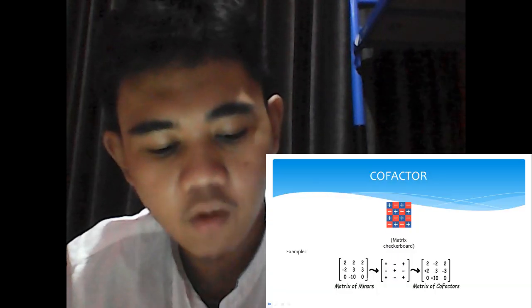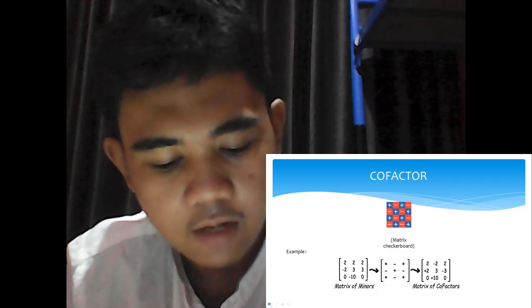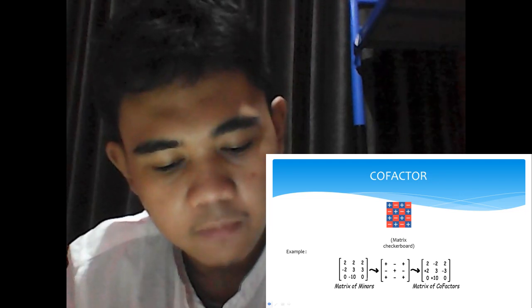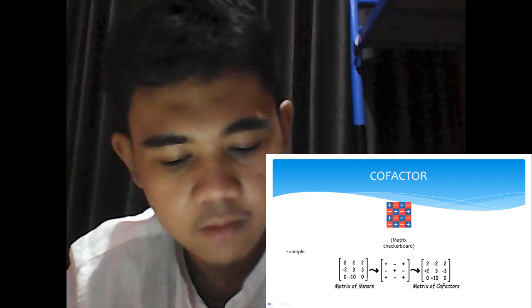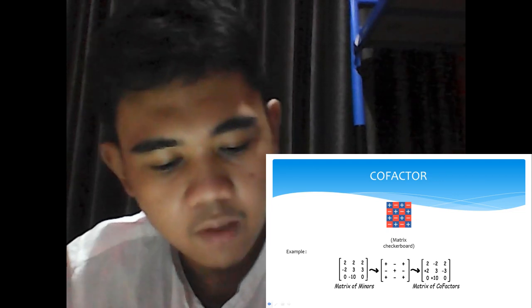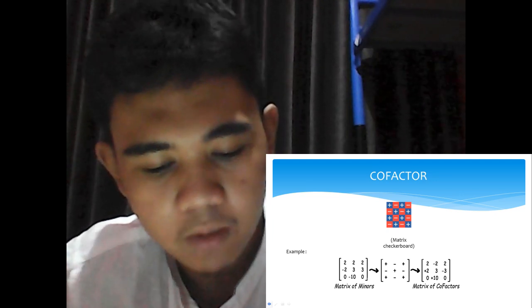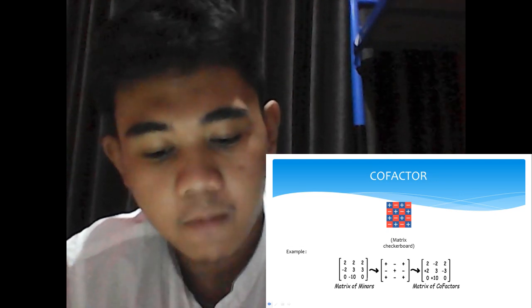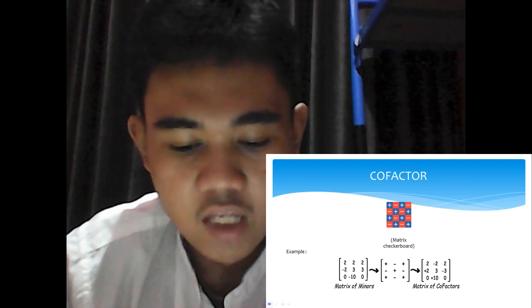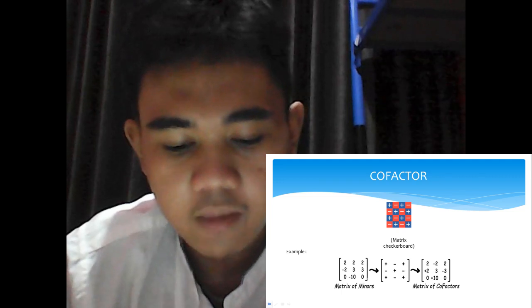The next is cofactor 2. Then third is the checkerboard matrix: plus minus plus minus plus minus plus minus. After obtaining the minor value for each matrix element, we can determine the value of the cofactor. To find the cofactor, we multiply the value of each element by the positive or negative sign of the checkerboard.